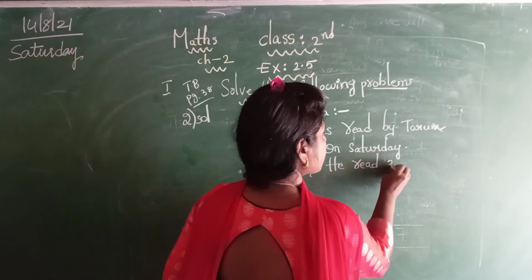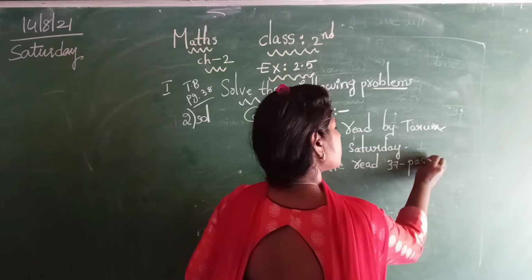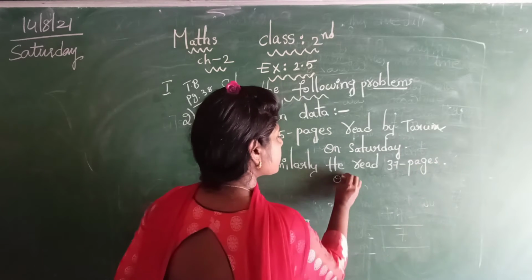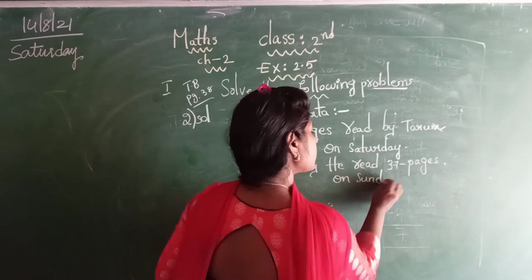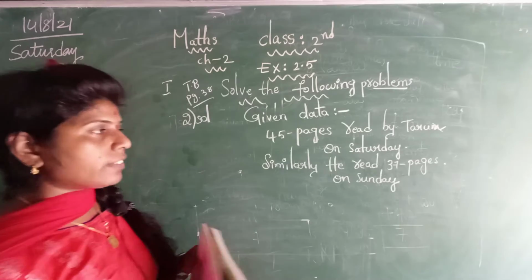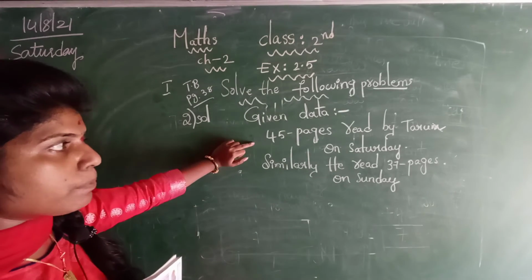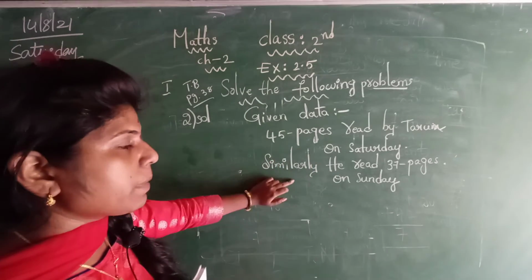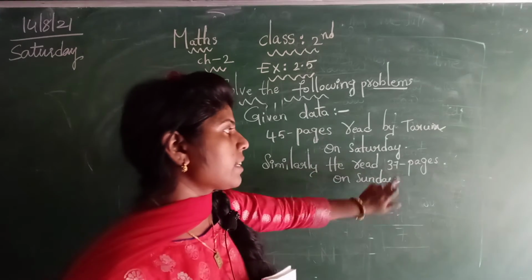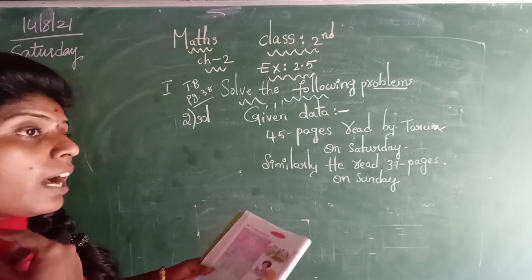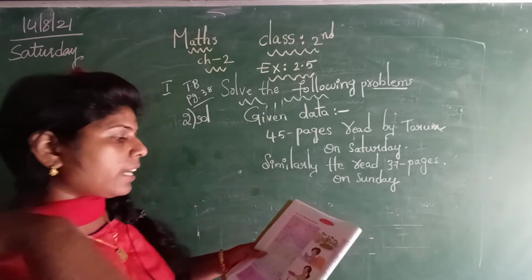He read 37 pages on Sunday. Okay, now this is the given data. 45 pages read by Tarun on Saturday. Similarly, he read 37 pages on Sunday. How many pages did he read?